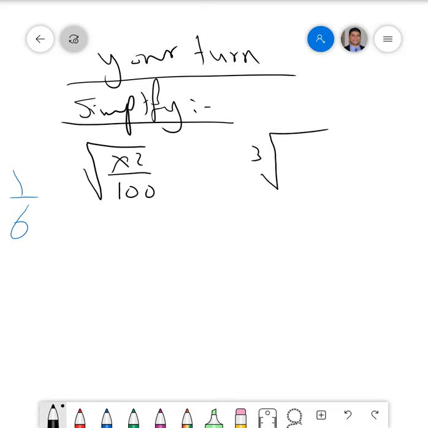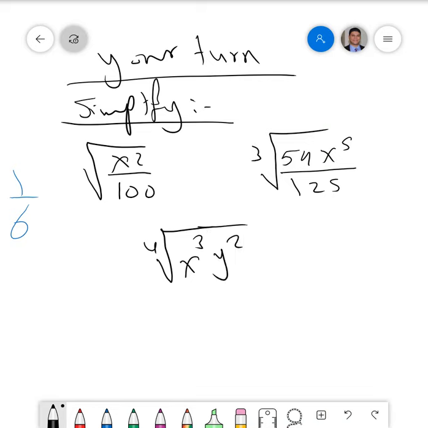Third root of 54 x to the power of 5 over 125. And the last one, divide and simplify: fourth root of x to the power of 3 y to the power of 2 over third root of x squared y. Thank you guys and goodbye.